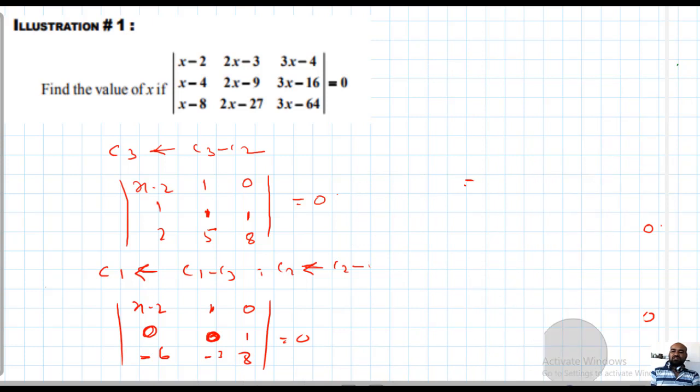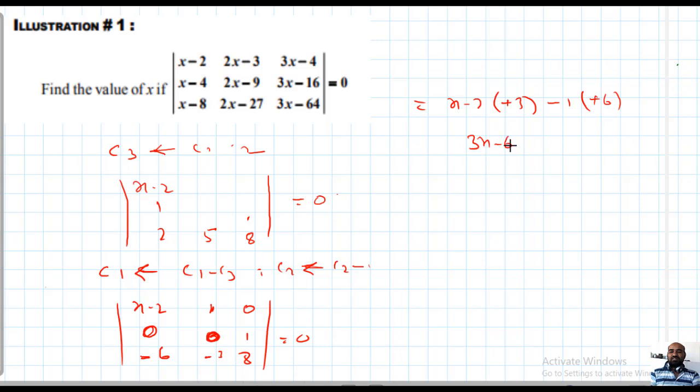Students, listen. Now I am finding x minus 2 into 0 minus 3, plus minus 1 into 0 plus 6 we will get. No need to write that.